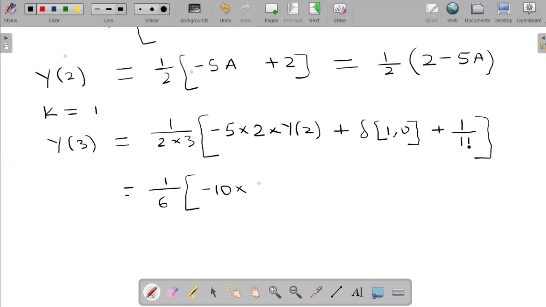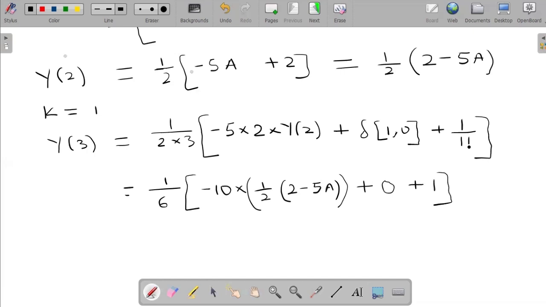We have obtained that just here. So that's going to be 1 over 2 into 2 minus 5a, plus, this will be 0 when k is greater than or equal to 1 plus 1 here.